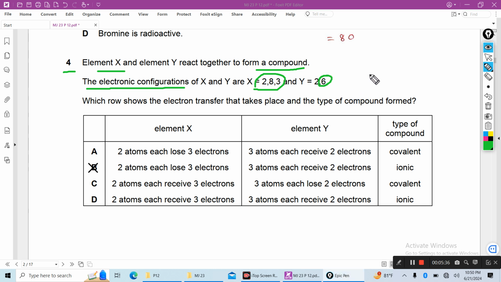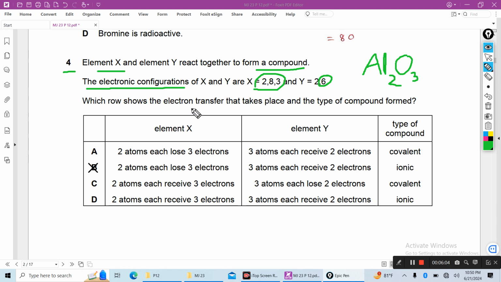So if you take one group 3 element, aluminium, and one group 6 element, oxygen, they will form Al2O3.